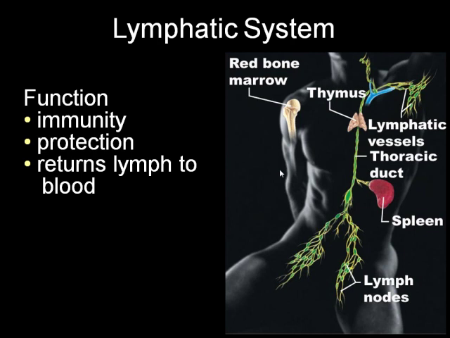Now, as we get into talking about the circulatory system and how some of those nutrients get to the cells, we'll find out that a little bit of fluid leaves the blood and stays in the tissue, and that fluid becomes lymph. Now, if we didn't have some way of getting that lymph out of the tissues, you would soon blow up like a tick and explode. So the lymphatic vessels collect that fluid and return it back to the bloodstream.